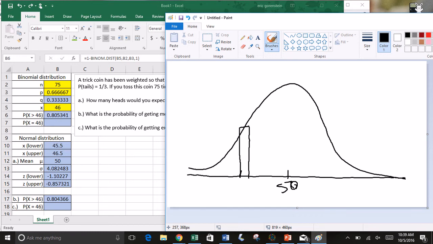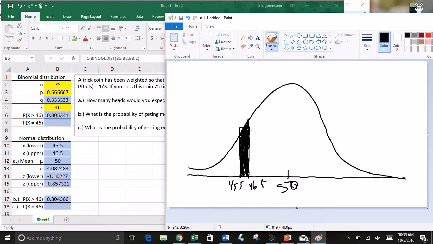We'll use the lower and upper limits of 45.5 and 46.5. So this is going to give us this portion of the normal distribution. So we want the area strictly between 45.5 on the low end and 46.5 on the high end.